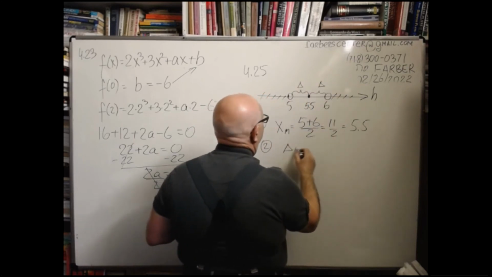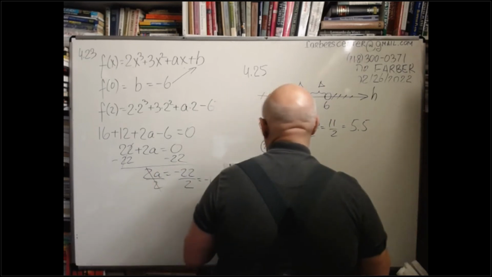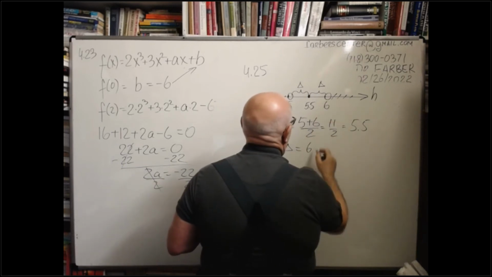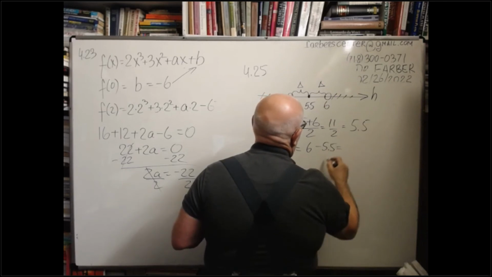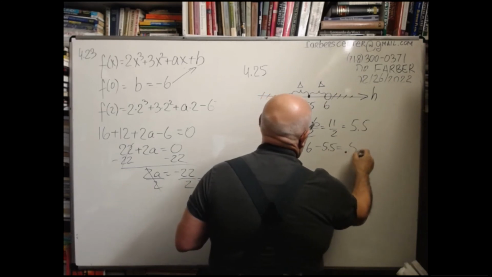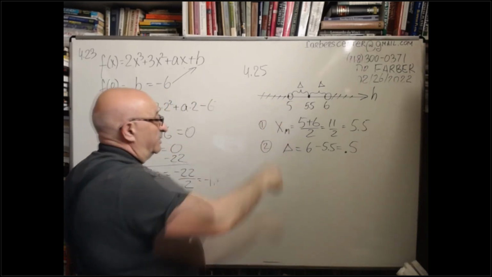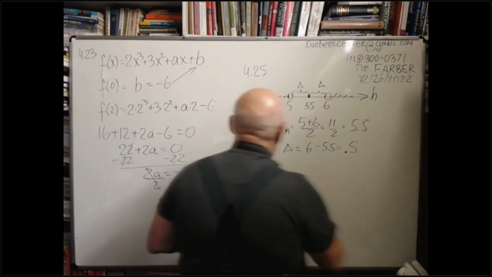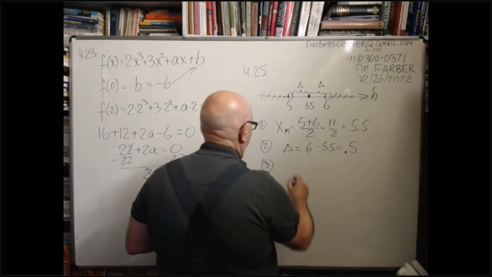So delta equals, since this is 6, and you subtract 5.5, delta equals 0.5. So the distance from this point to the borders is 0.5. And step number 3, plug into absolute value.